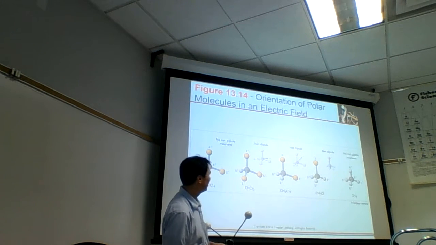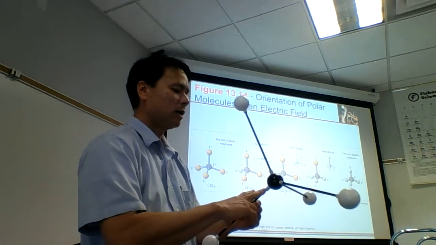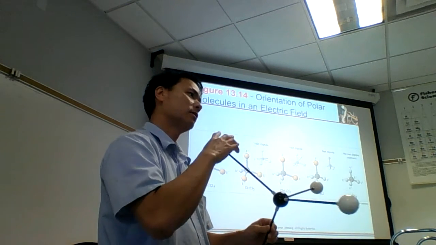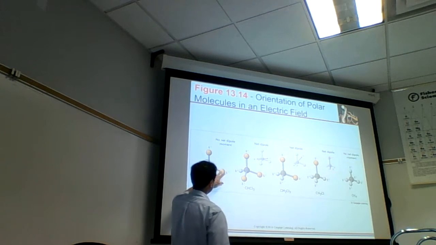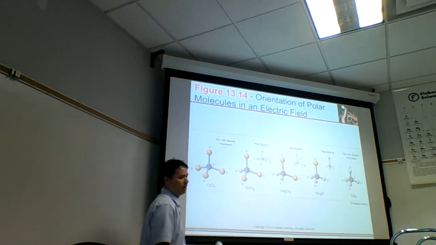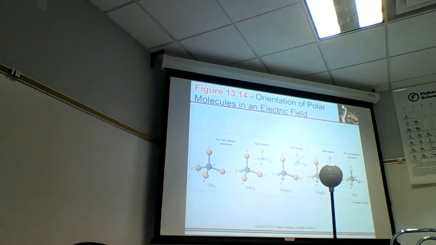What we're looking at is, do the bond dipoles add up to a molecular dipole? These are the bond dipoles here. We've got a positive and negative end, positive and negative end. Do the bond dipoles add up to give us a net molecular dipole?